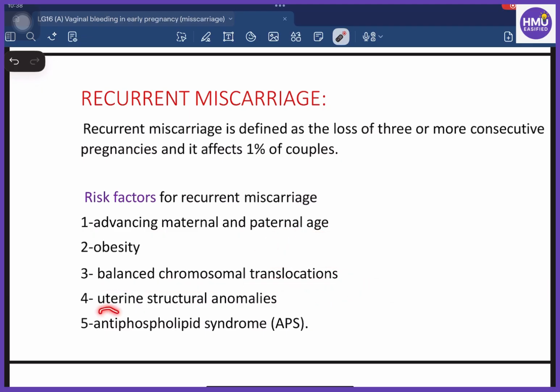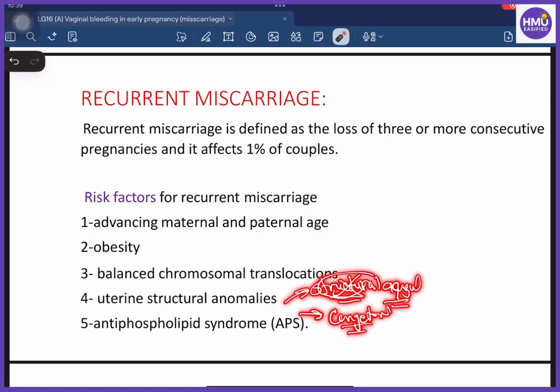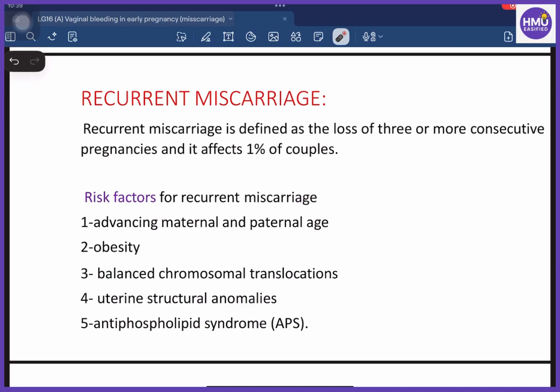Or it could be because of uterine structural anomalies, congenital or acquired. I meant acquired. We have acquired and also congenital. Acquired because of so many reasons like fibroids, uterine cancer, you name it.